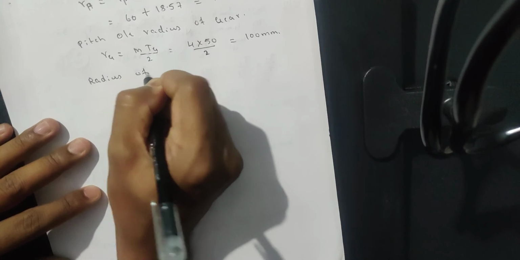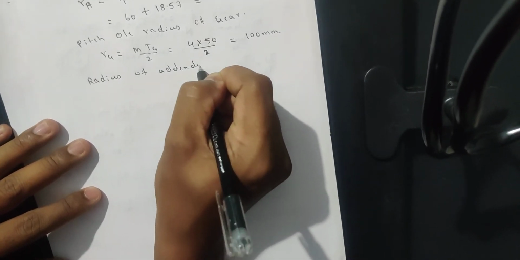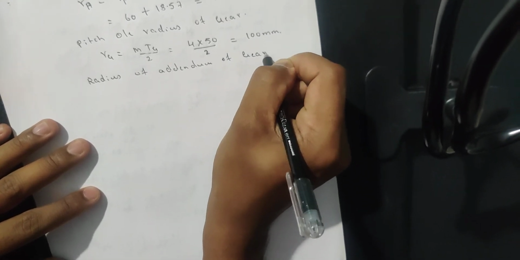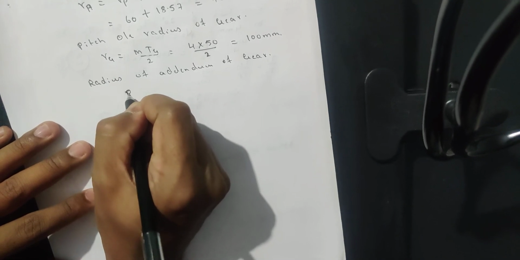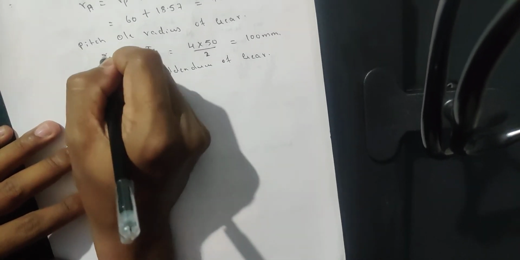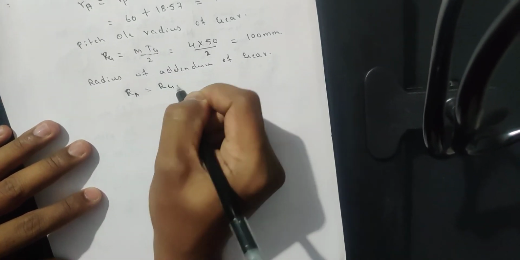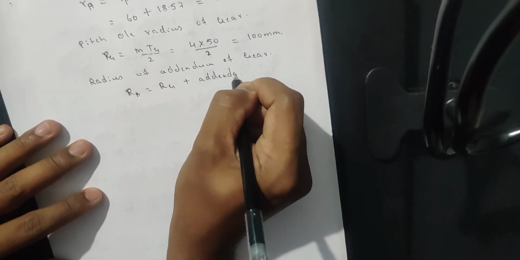Next, the radius of addendum of the gear is given as capital RA, which will be equal to Rg plus the addendum of the gear, which we have calculated.